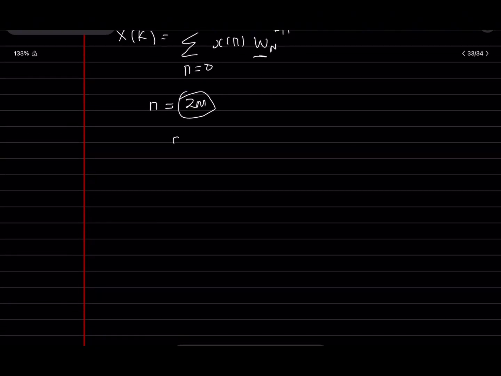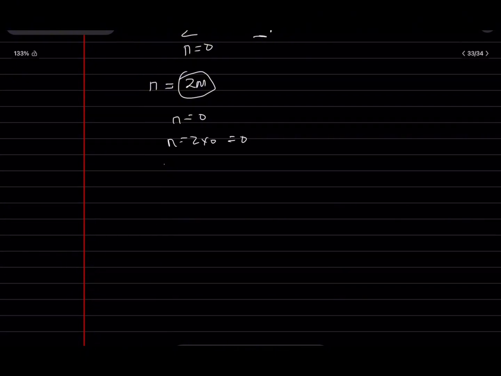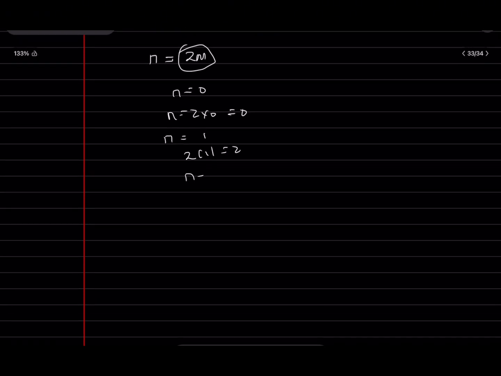For m equal to 0, we get n equal to 2 times 0, which is equal to 0. When m equal to 1, we get 2 times 1 equal to 2. When m equal to 2, we get 2 times 2 equal to 4. When m is equal to 3, we get 2 times 3 equal to 6.